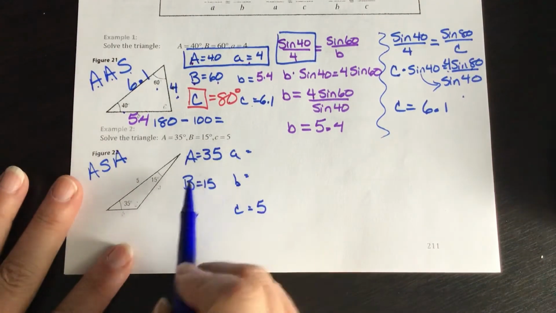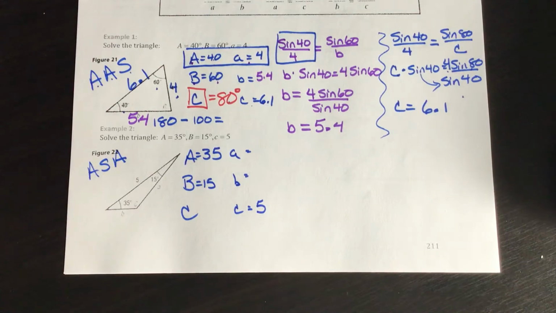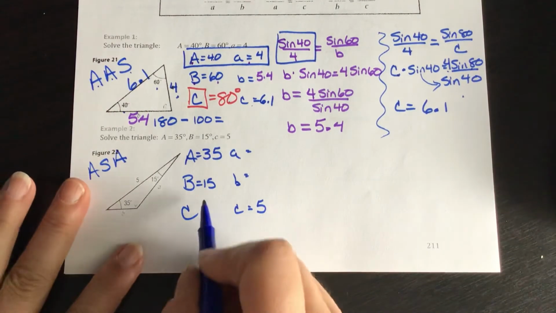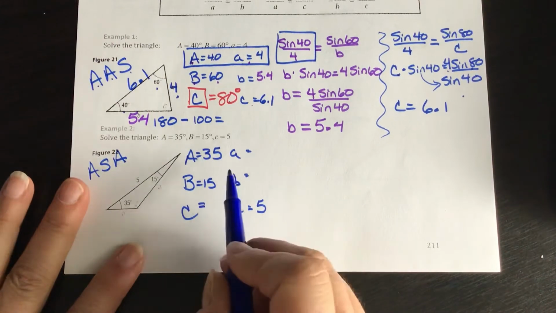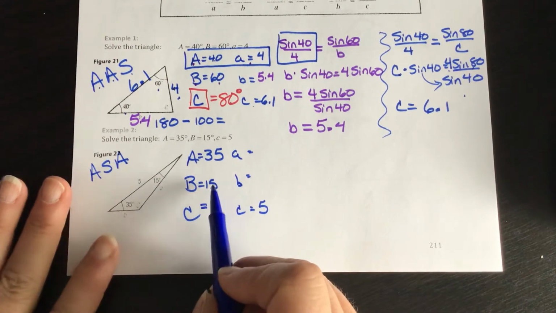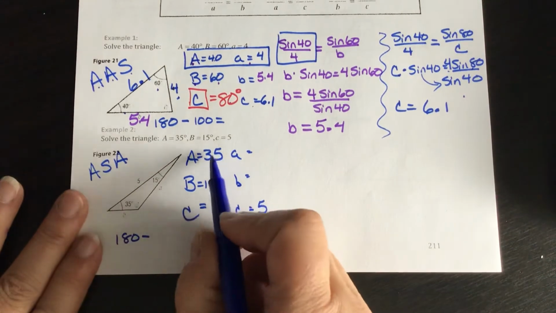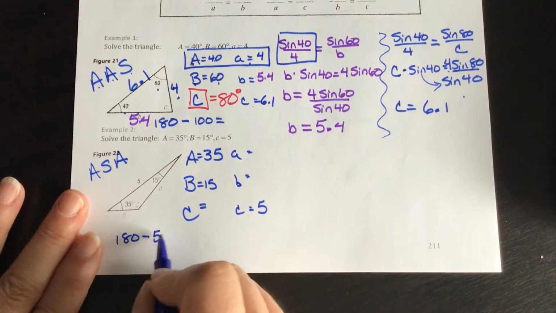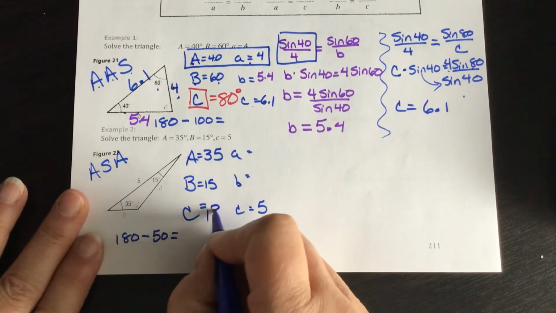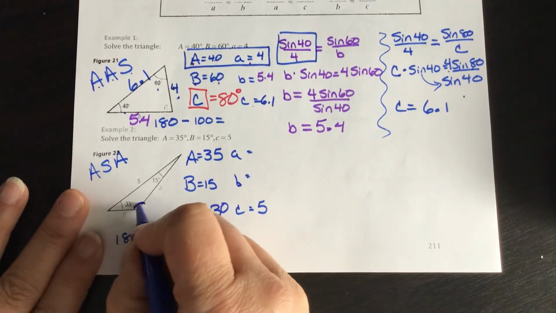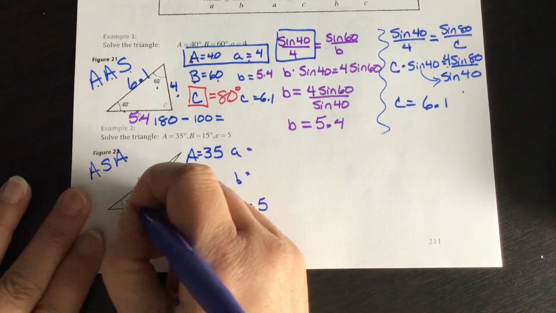All right, so I don't have a pair of corresponding parts that are given, but using the sum of the angles equal to 180, I can subtract 180 minus 35 and 15, which is 50, and that's going to be 130. So angle C right here is 130.